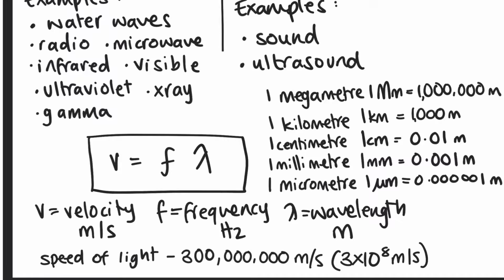Now, while I'm talking here about millimetres and centimetres, the same conversion applies for any unit. So instead of having 1 kilometre as 1,000 metres, I could have 1 kilohertz, which would be 1,000 hertz. I could have 1 millisecond, which is 0.001 of a second.